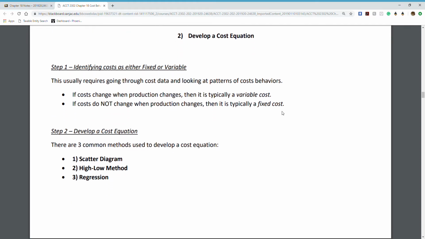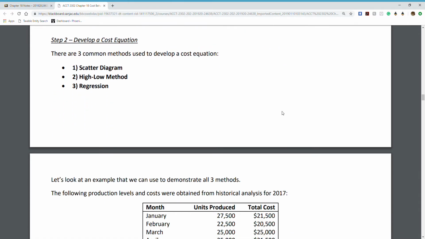Alright, step two, we're going to develop a cost equation. There are really three methods used to develop a cost equation. We're going to focus on one in this video. If you would like me to go through the other two, you can put a comment down below, and I can post up a video later going over the other two.